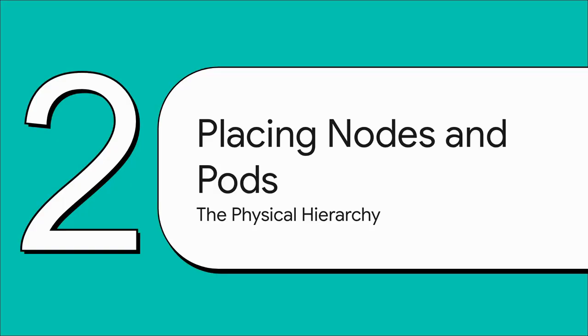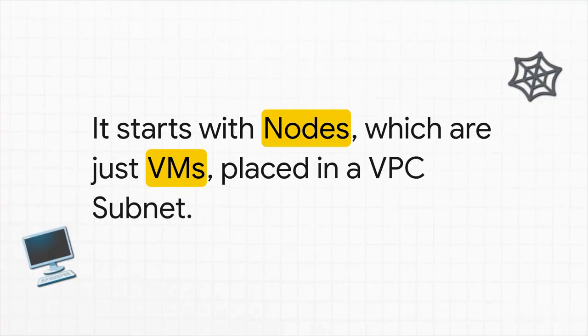All right, so we've got our plot of land. Now let's talk about the buildings and the offices inside them. The actual places where your applications are going to run. So the first thing GKE does is set up its worker nodes. And there is absolutely no magic here. These are just plain old Google Compute Engine virtual machines. That's it.